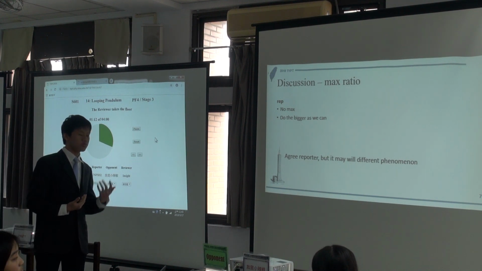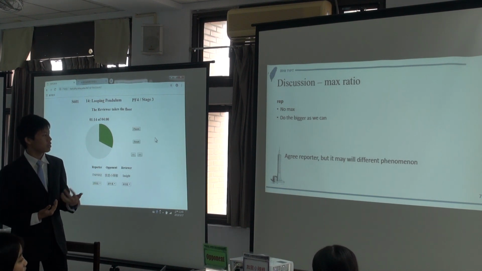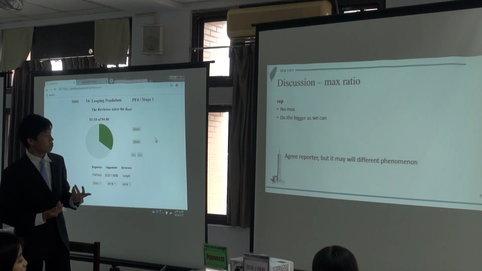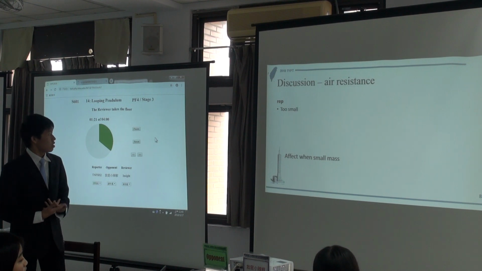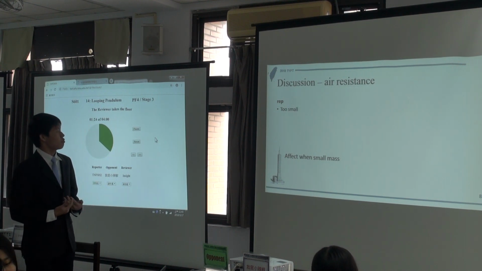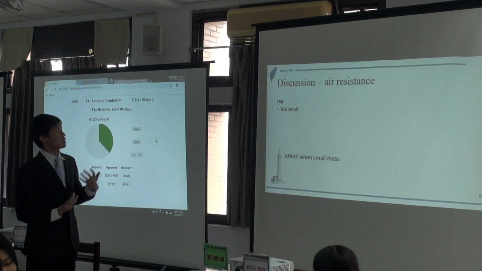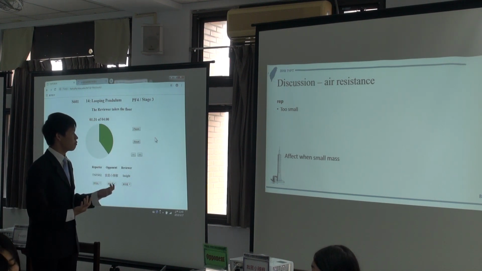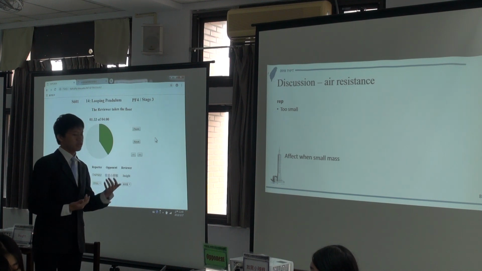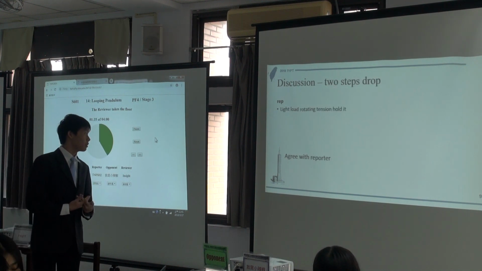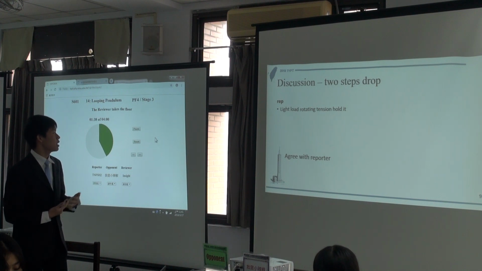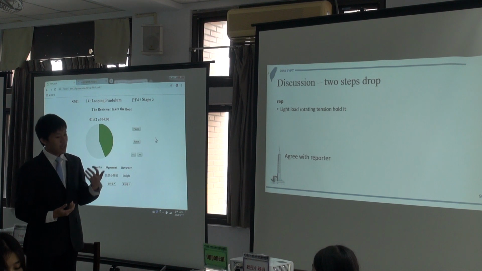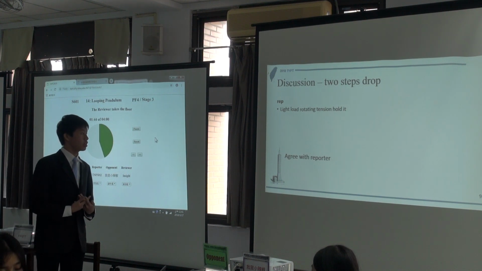We agree with the reporter that there will be some different phenomenon at a big mass ratio. On air resistance, the reporter answered it is too small, so it can be neglected. We agree, but it may affect things when the mass is small. They asked about a two-step drop. The reporter answered that the low rotating tension will hold the heavy one. So we agree with the reporter.